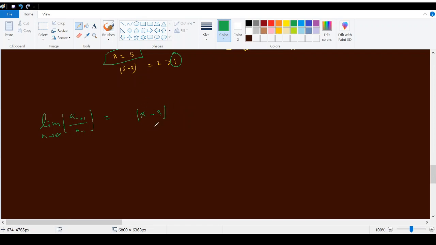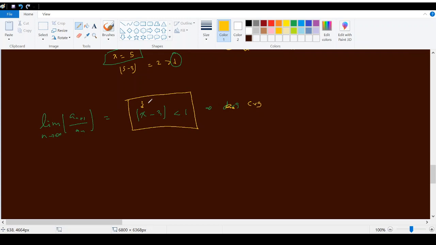In other words, if this number is less than 1, then the series will diverge. Or we can say that for all the x values such that this inequality is satisfied, the series for those x values will not diverge, it converges. Sorry for this mistake. Okay, so let's try to simplify this a little further.